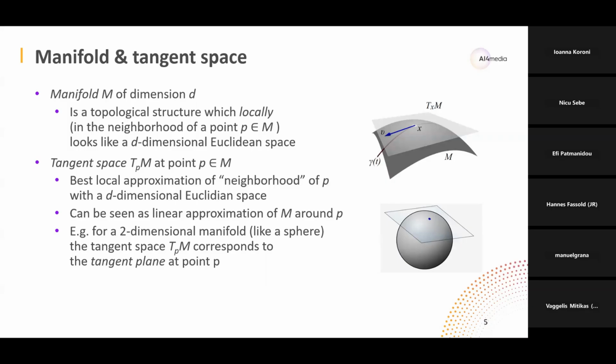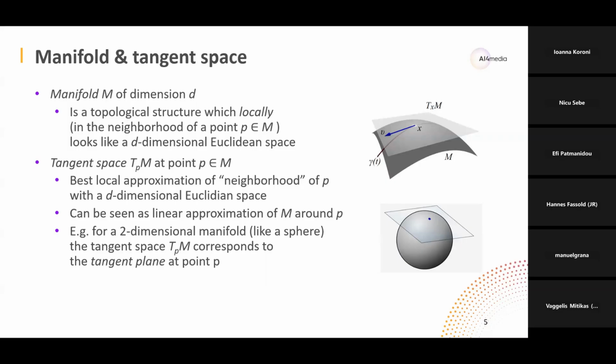Which brings us to the important concept of a tangent space, T_P M, located at a certain point P of the manifold. This is, of course, the best local approximation of this immediate neighborhood of the point P with a d-dimensional Euclidean space.